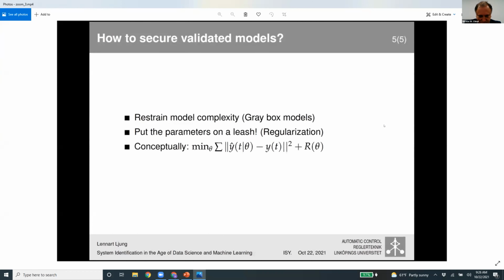Conceptually, you do that by adding to the model fit a penalty term on the parameters. This is called regularization, or the kernel approach to estimation. And the design of a kernel is an important topic in today's system identification research.